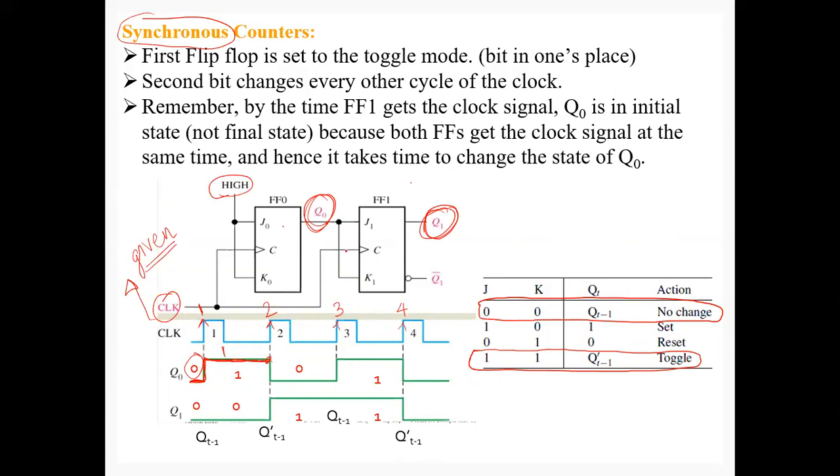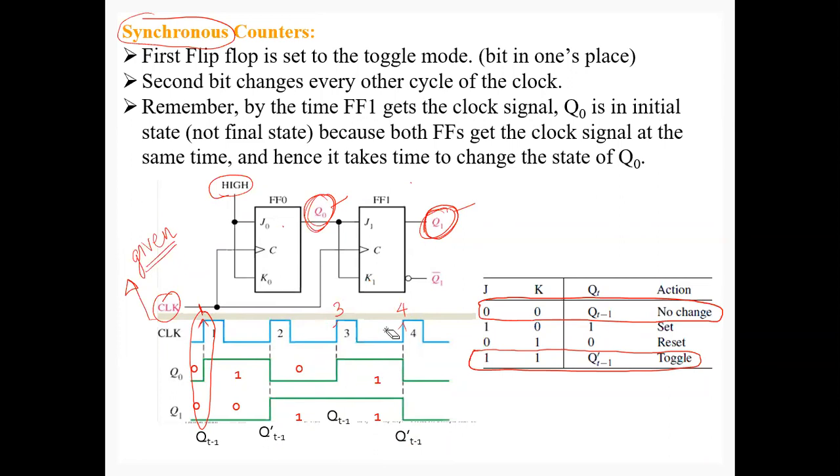So this Q1 is based on this guy or this guy. Because the Q1 appears right at this moment, because remember, they share exactly the same clock. Whenever the Q0 happens, Q1 also happens. They happen at exactly the same time, because they share the clock.